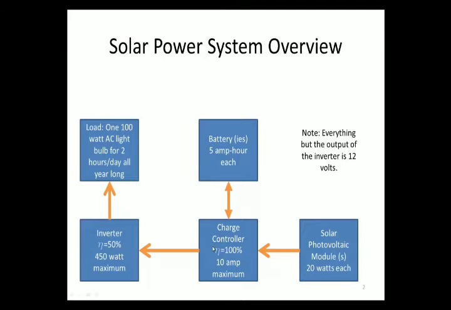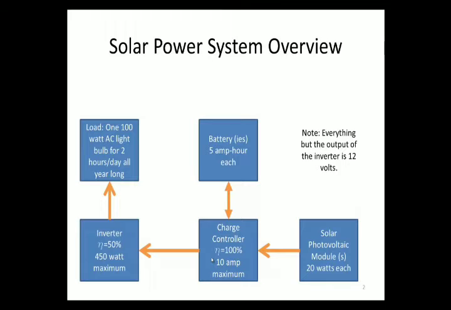This isn't exactly right, but we're going to use 100% efficiency for the charge controller. Normally it's around 80 to 90%, maybe a little higher, but just for simplicity's sake we're going to use 100% efficiency. We're also going to say that the charge controller provides 10 amps maximum amperage. That's its upper limit rating, just like the inverter has an upper limit rating.